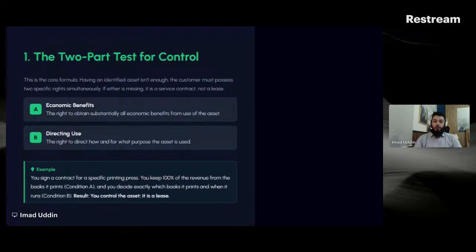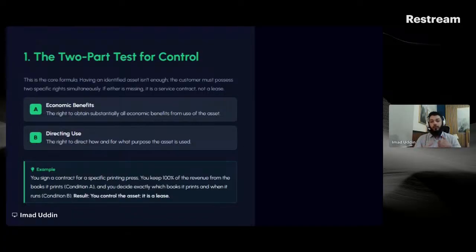So there are two-part tests that we talked about just now, the economic benefits and directing the use. Here's a quick example. If you sign a contract for a specific printing press, you keep 100% of the output and revenue from the books it prints, and you decide exactly which books it prints and when it runs, which is condition B. So condition A is you can generate all the output and keep all the revenue, basically all the benefits.